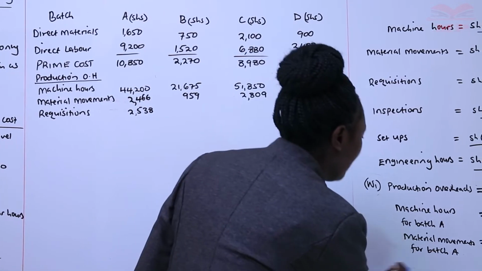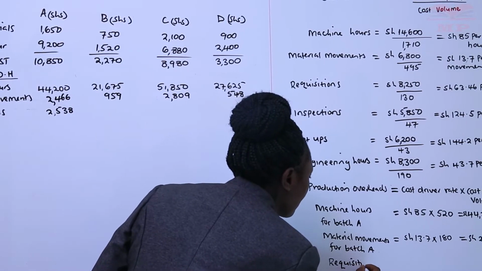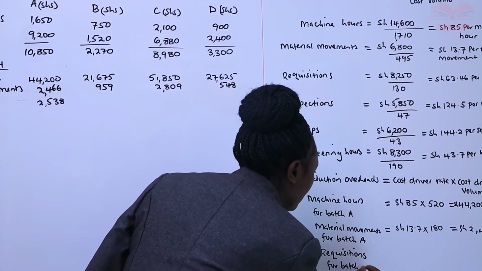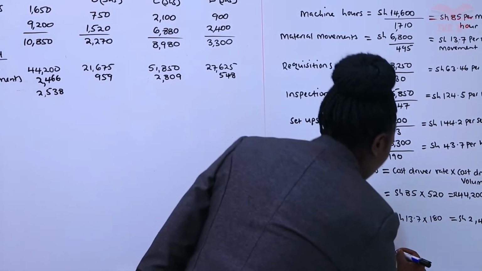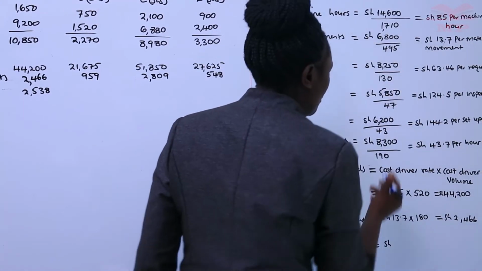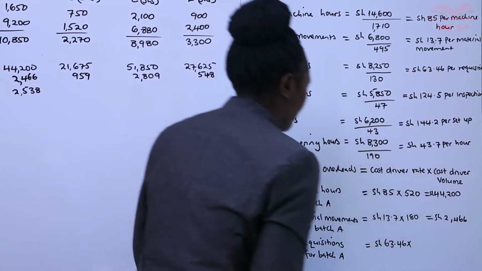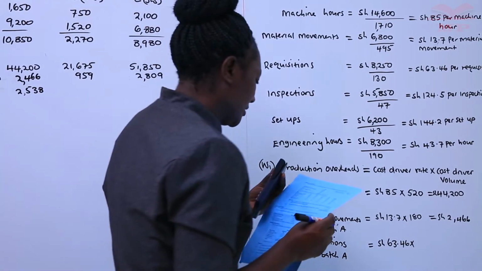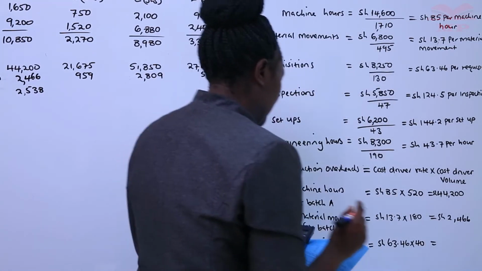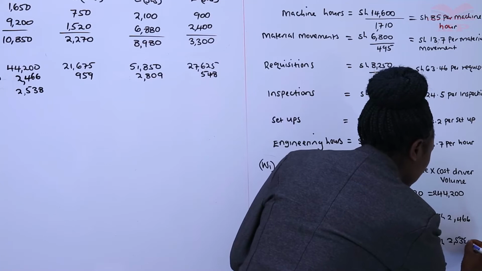I can show how we've arrived at that. Requisitions for batch A will be equal to the cost driver rate for requisitions, 63.46, multiplied by the number of requisitions for batch A, which was 40. When you calculate that, you'll get 2,538.